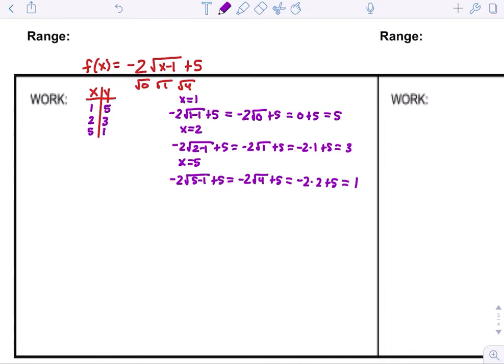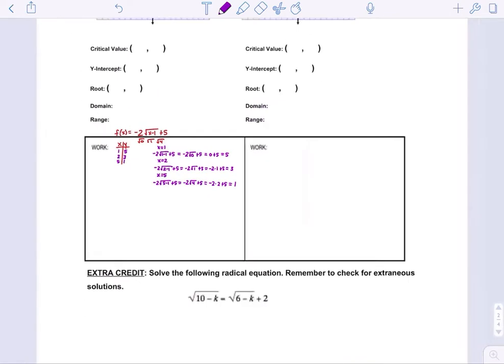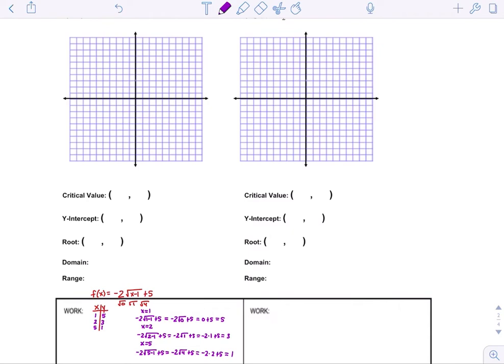So these are nice plots. There's your XY table, and these are nice things to just graph, so I'm going to graph it for us. 1 comma 5, 1, 2, 3, 4, 5 is right there. 2 comma 3, 1, 2, 1, 2, 3 is right there. And 5 comma 1, 1, 2, 3, 4, 5, 5 comma 1 is right there.